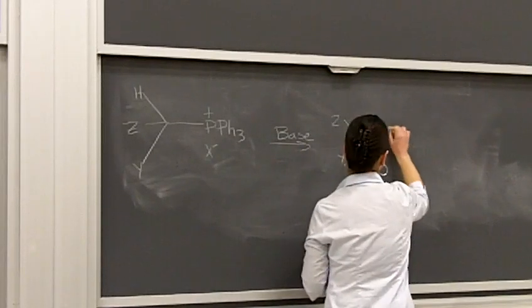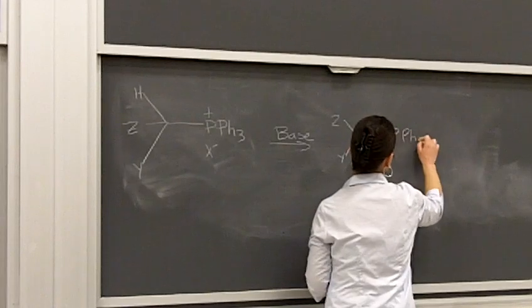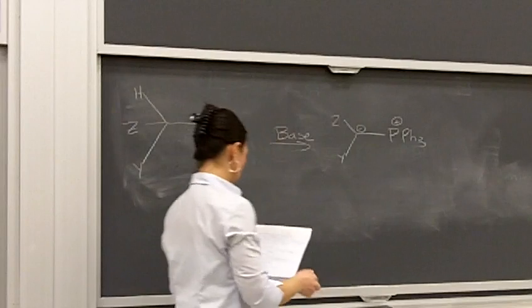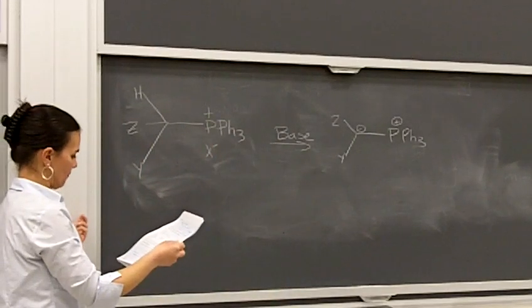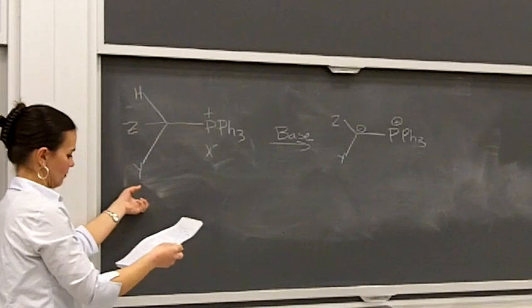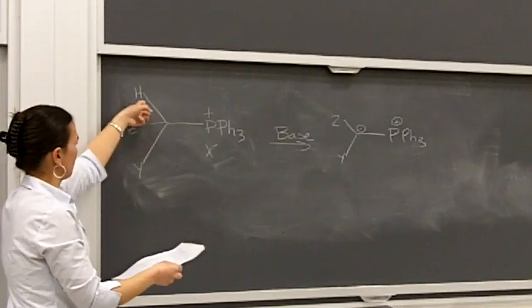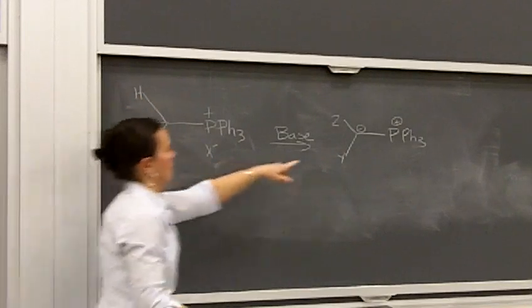Couple keys to this, and the reason I'm using the specific letters here is I'm going to explain some of the things that are key to this. If what you've got for your Y and Z groups, okay, so when you react it with the base, we're going to take this proton, all right?